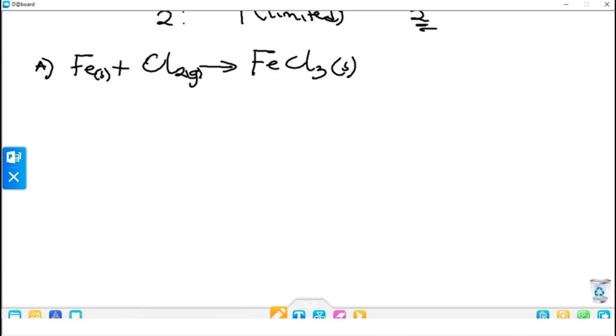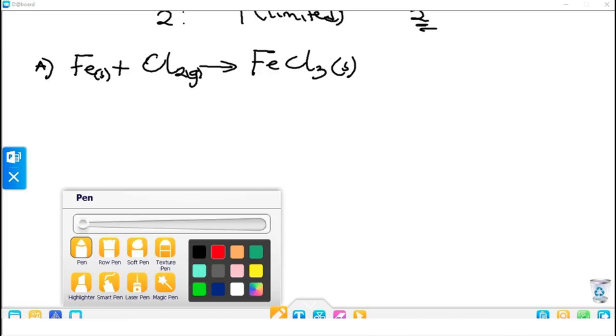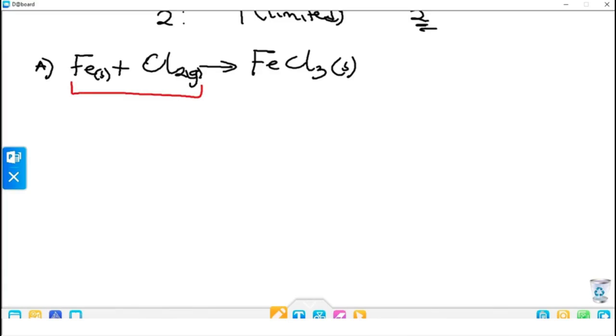From the left hand side, we have iron and chlorine, and at the right hand side also we have iron and chlorine. So at the left hand side, how many atoms do we have? We have 1 iron and 2 chlorines. At the right hand side, we have 1 iron and 3 chlorines.